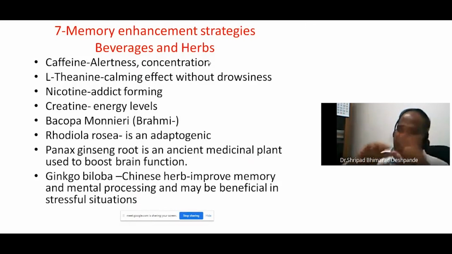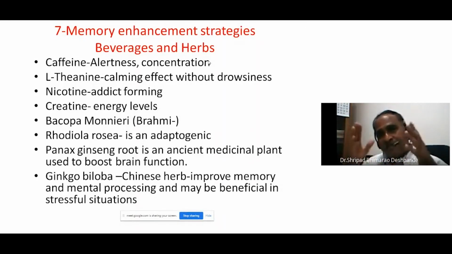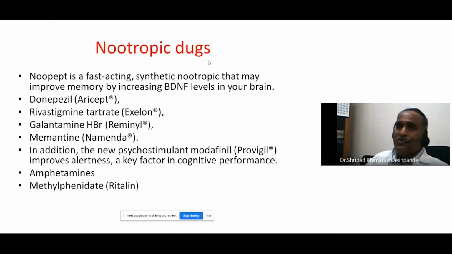These are some things I am just giving you broadly. Each one of them is an area by itself. Then what are the nootropic drugs which increase these things? These are some of the drugs which have been approved by the FDA. So I would not go into the detail.